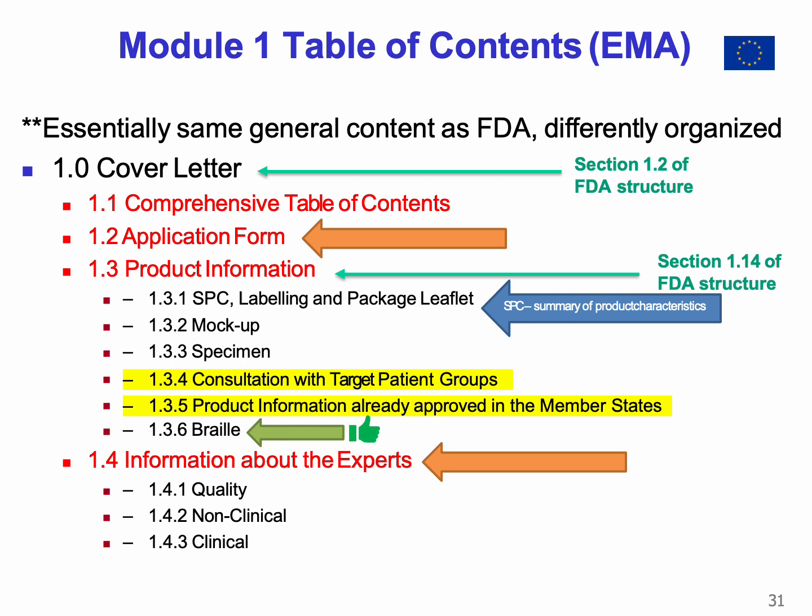And of course, it will always continue. Now, for example, for submodule 1.3.1 in the European Union, we want the SPC, or summary of product characteristics, labeling, and package leaflet. In Module 1 of the CTD for FDA, we are looking at the label. We don't ask for a summary of product characteristics.